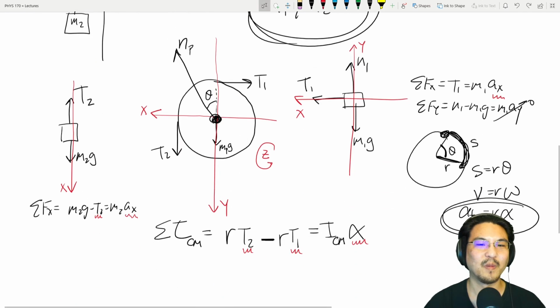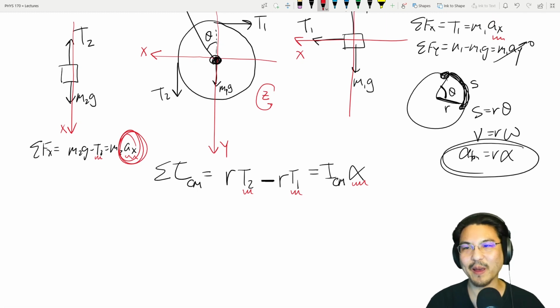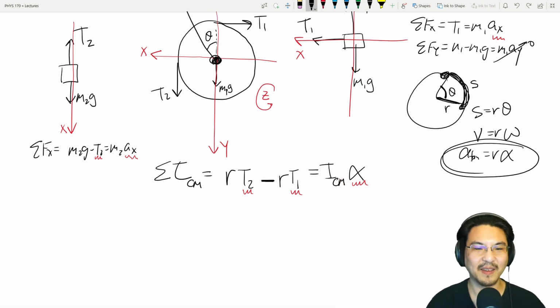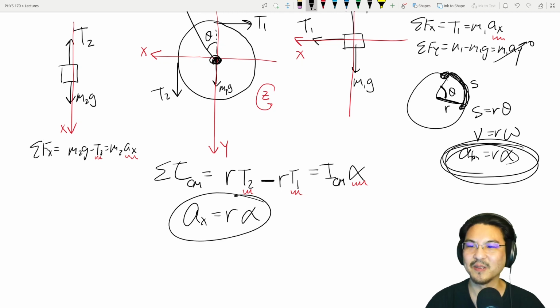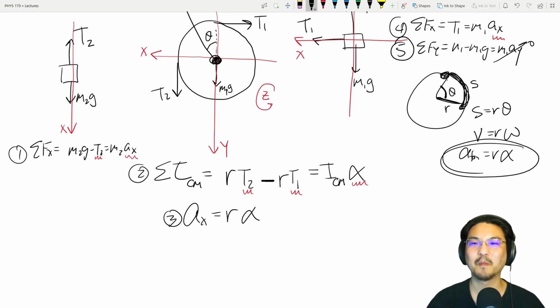So this acceleration is tangent to the path. This one is also tangent to the path. And so how does it relate to the angular acceleration? Like this. Just like this. Okay, so then we have these 2, 3, 4, 5 equations.